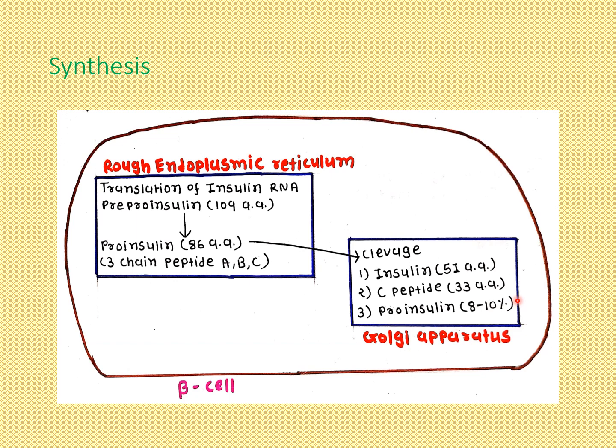Importance of this C-peptide is it is useful in assessing endogenous insulin and helps to differentiate from injected insulin. So this is in brief about the synthesis of insulin hormone.